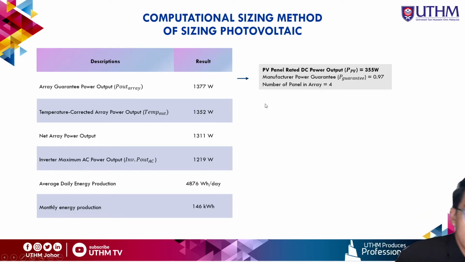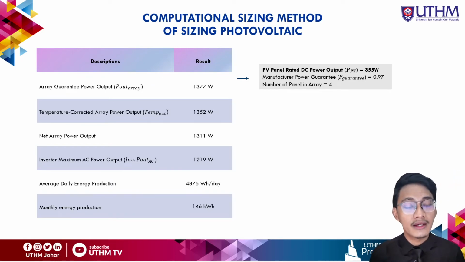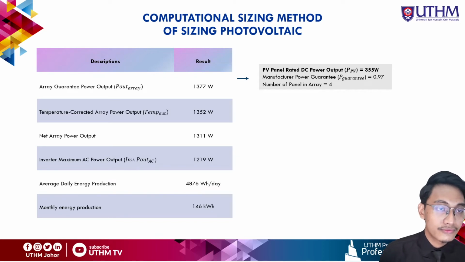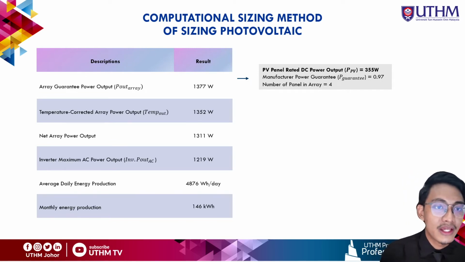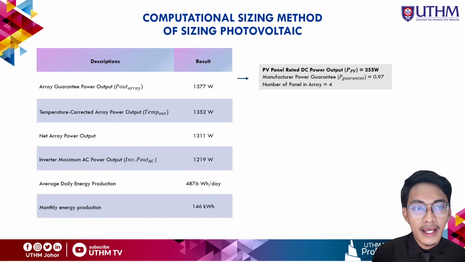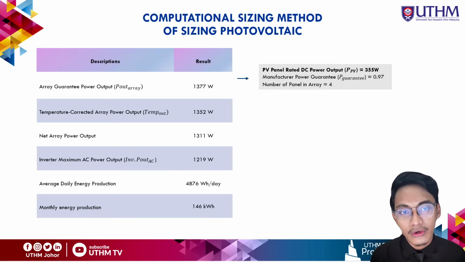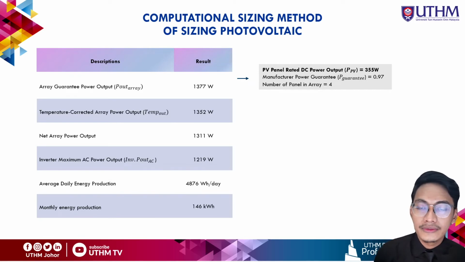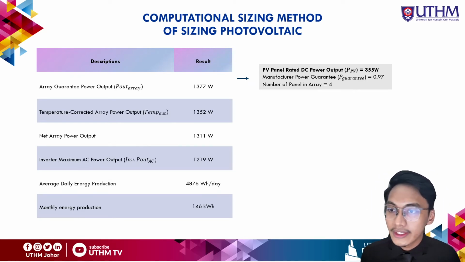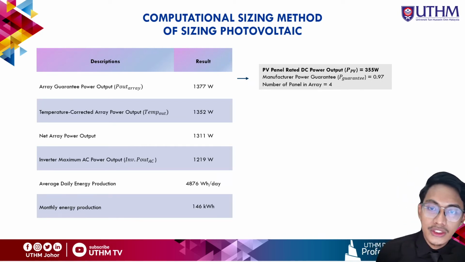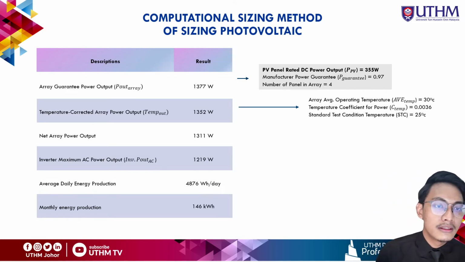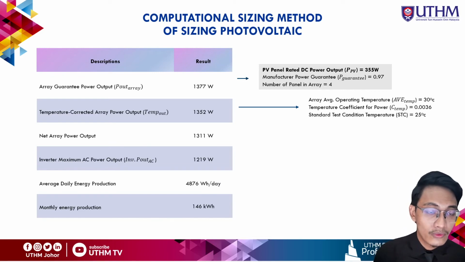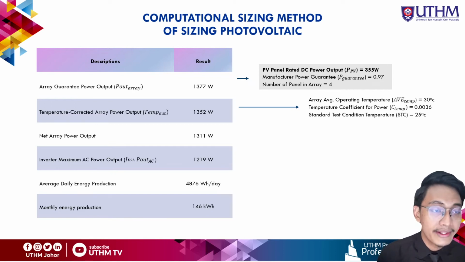The PV panel rated DC output I decided to use is 355 watts, with the manufacturer power guarantee of 0.97, and the number of panels in the array is 4. So I got 1377 watts.